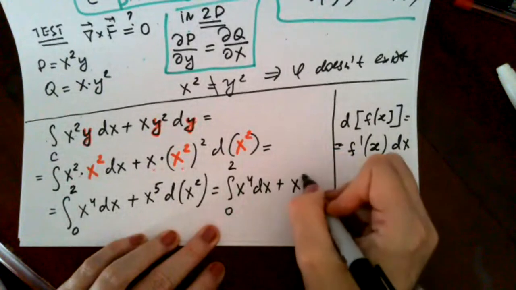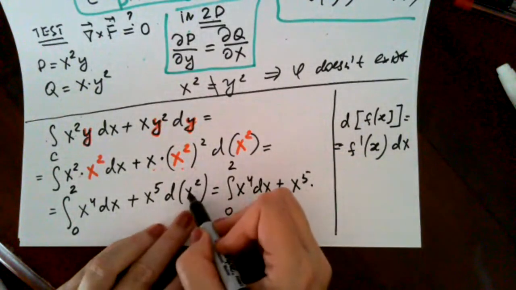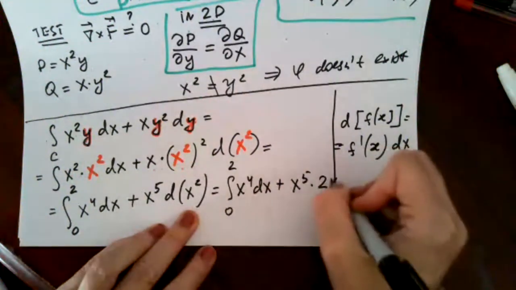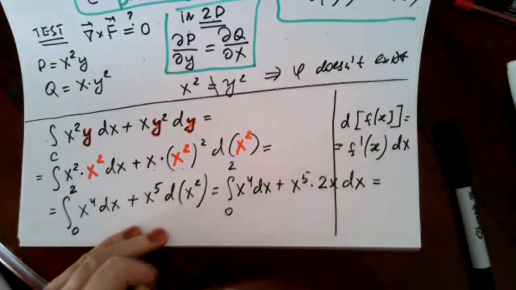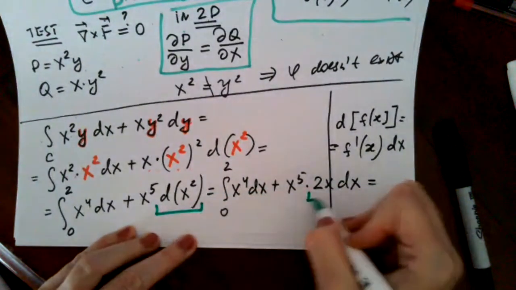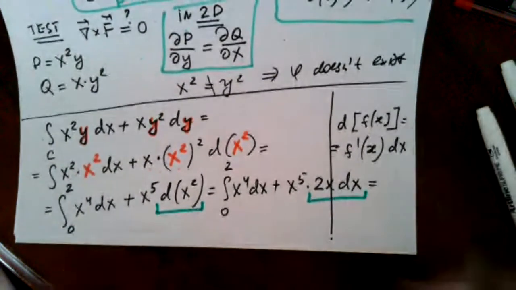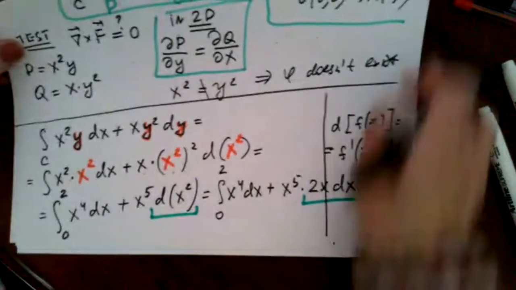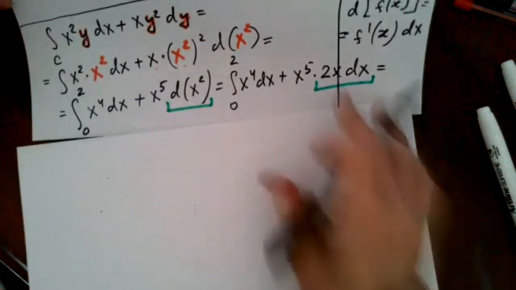And as for this term, d of x squared is the derivative of x squared, which is 2x, times dx. So I can even highlight it for you. This differential corresponds to this differential here. So that's how we got rid of this strange situation. Okay, now it's time to do further simplifications.